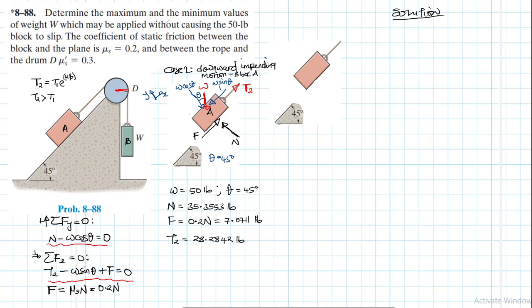We're trying to find beta. Okay, this part here is 90, and the other point where the cable is in contact with the drum, the tangent point, is that point there. Okay, so we know that this is 45, therefore this angle also will be 45.